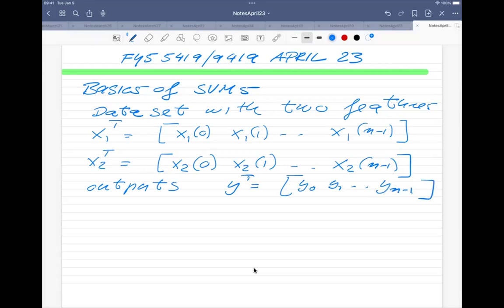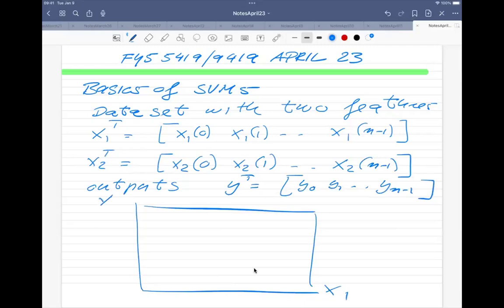So we could now think of this in a very simple way as a data set where we have x1 on one axis and x2 on the other axis. And then we have a set of observations, and here we have circles. The circles correspond to a region which I'm going to call C2, where y of i is equal to -1.